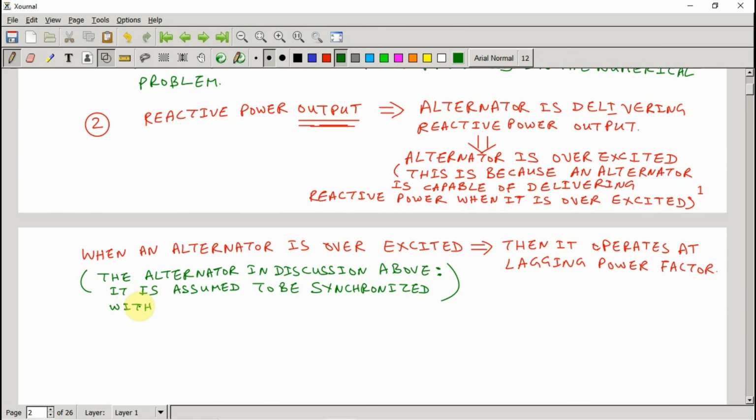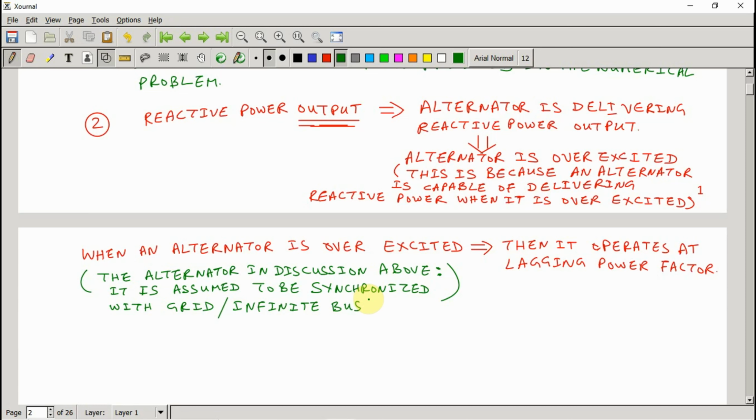Now there are different words used. Some people say the word grid, synchronized with the grid. Some people use the word infinite bus. So this can also be written as infinite bus. An infinite bus is a bus whose RMS value and frequency remain constant, regardless of whether you are drawing power or adding power to the grid or the infinite bus.